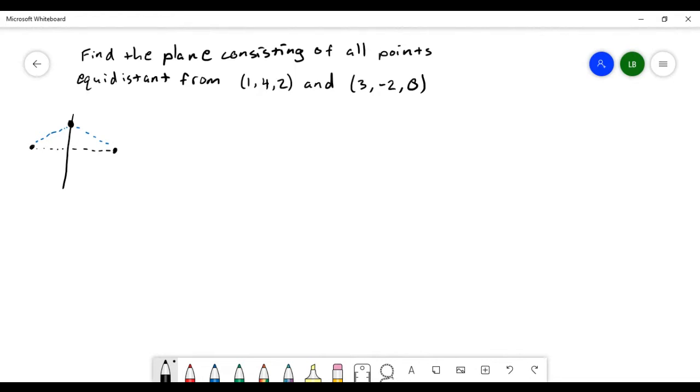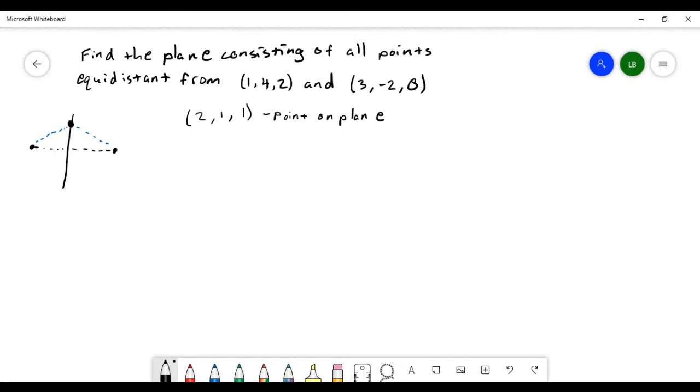So first off, we can find a point that's going to be on this plane just by taking the point that's exactly between these two. It would be (2, 1, 1), just by taking the average of each component. So 1 plus 3 is 4 divided by 2 gives us 2, and so on. So this is a point that is going to be on the plane. Next, we need a normal vector.